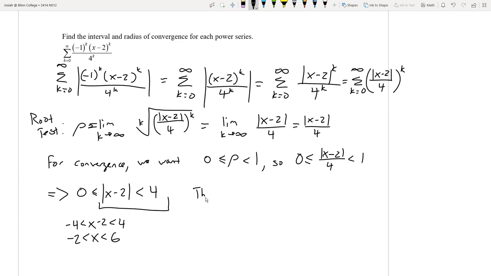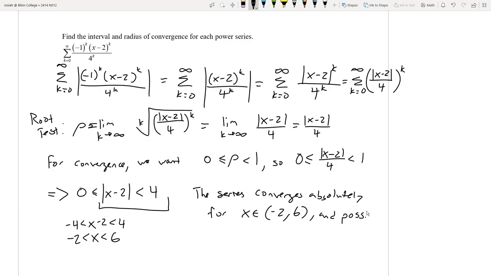And so we get, for sure, the values that'll work. So we can say the series converges absolutely for x in between negative 2 and 6. So x being an element of this interval from negative 2 to 6. And possibly at our endpoints, at x equals negative 2 and x equals 6, we must check.